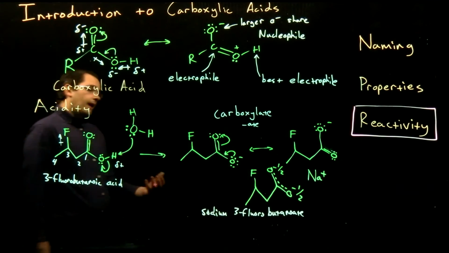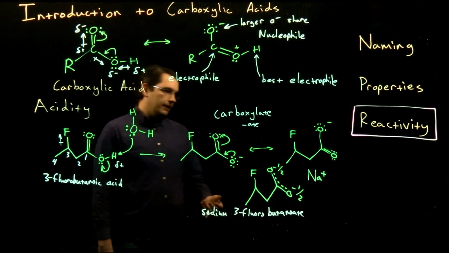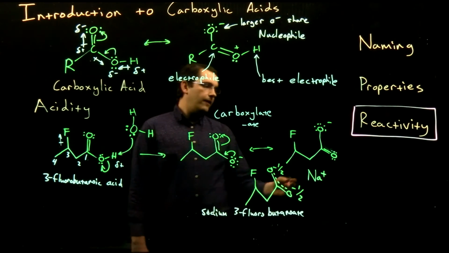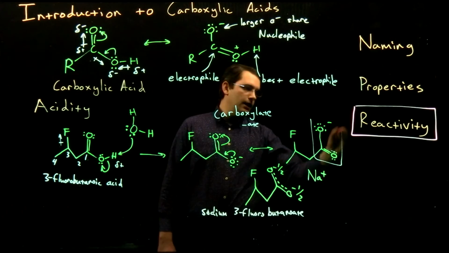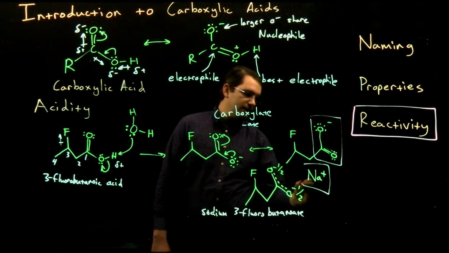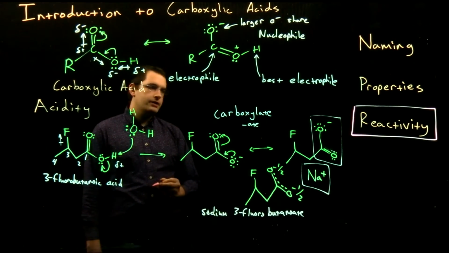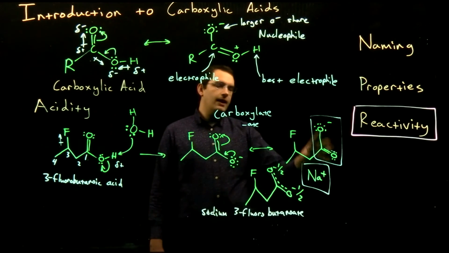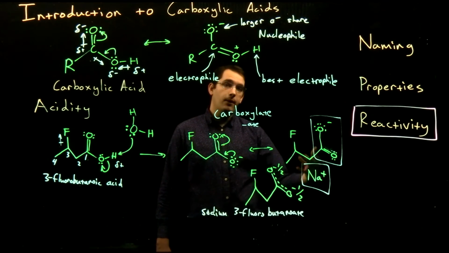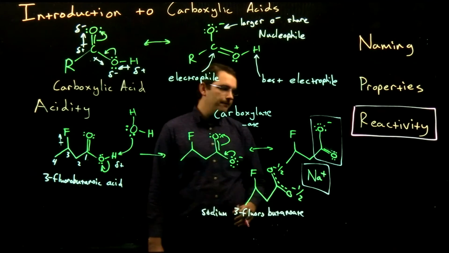Now the other interesting thing that happens here with our carboxylates is that, with that negative charge in combination with our positively charged counterion, we now have an ionic compound that's incredibly polar and very water soluble.